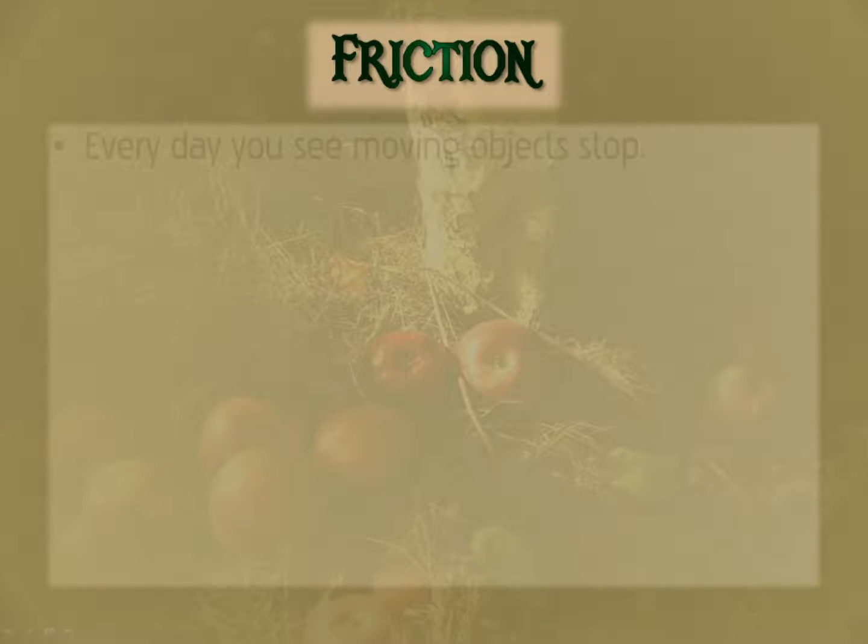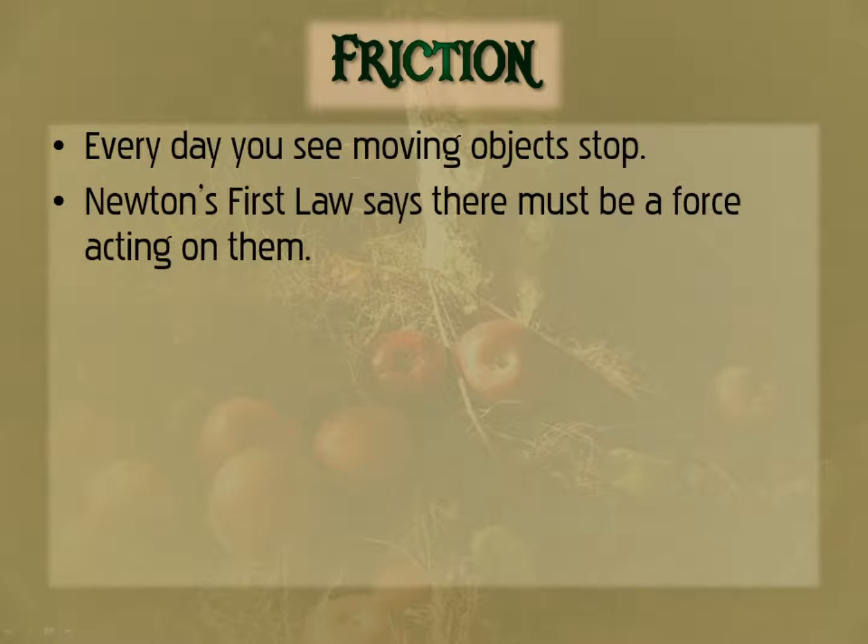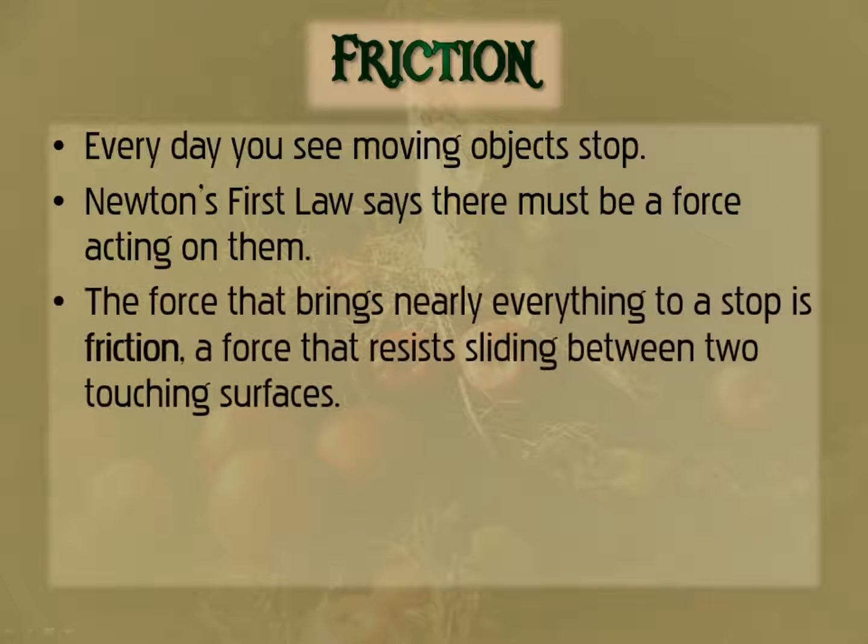So, as we just saw, every day you see moving objects stop, and this is because of friction. Newton's first law would have them keep moving, but because there is always some energy lost because physical objects touch other physical objects, that means friction comes into play. It is a force that resists sliding between two touching surfaces.